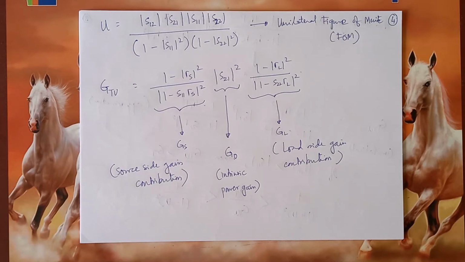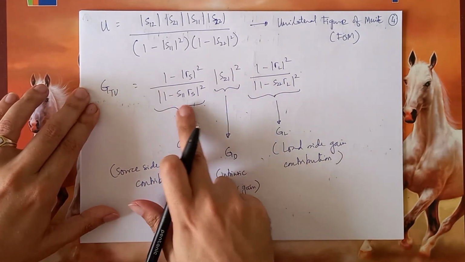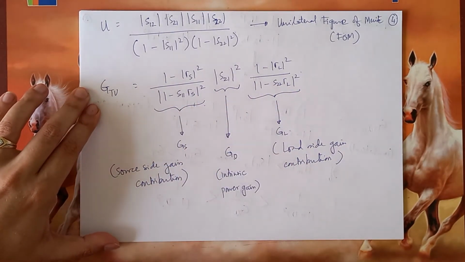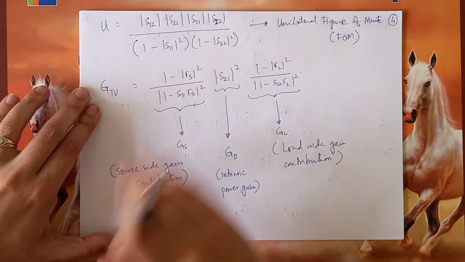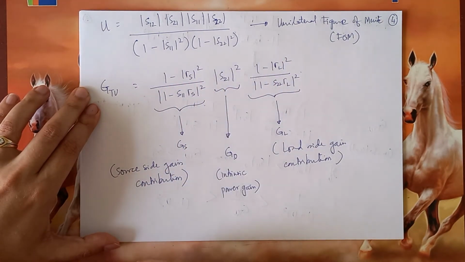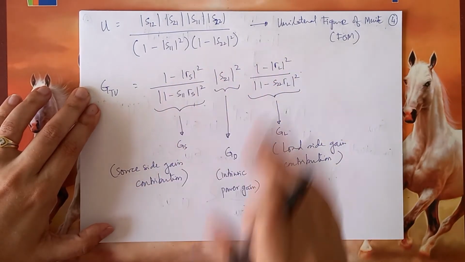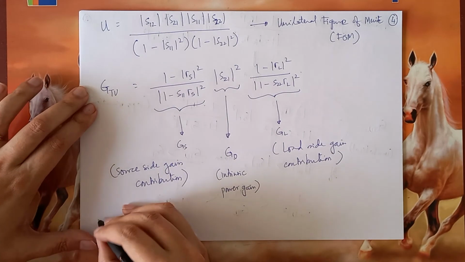Well, before we discuss that, you see that the formulae for GS and GL are very similar in nature. So for GS and GL, we will give a term called GI.